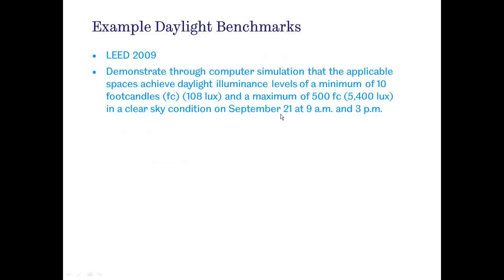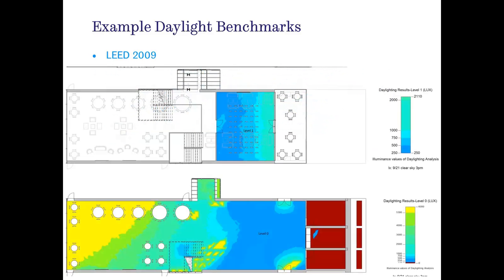So September the 21st at 9 AM and at 3 PM. So they stipulate these two times of the year for simulation. And this standard has now been built into Revit to enable rapid testing, and I'll demonstrate this in the simulation class. That's what it looks like.